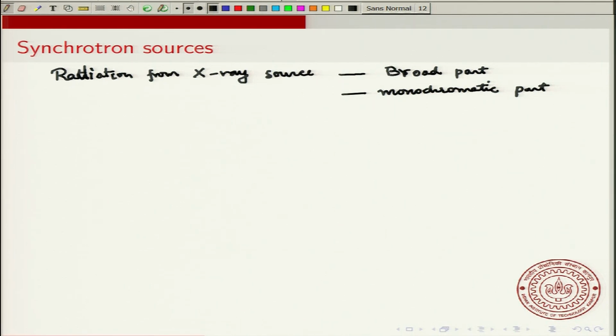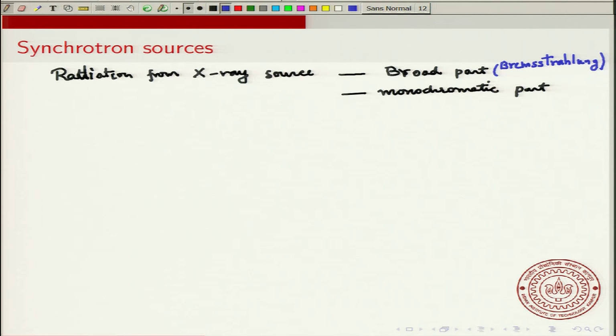The broad part is referred to as the Bremsstrahlung. You do not have to remember this name, but it is still useful to know. The monochromatic part is what we are interested in using for X-ray diffraction.